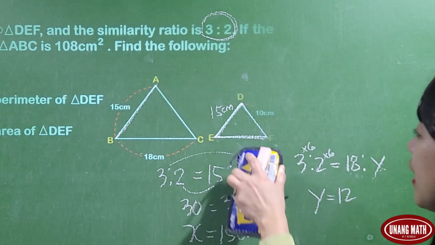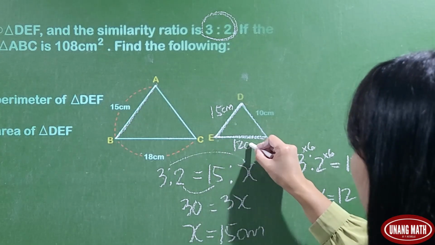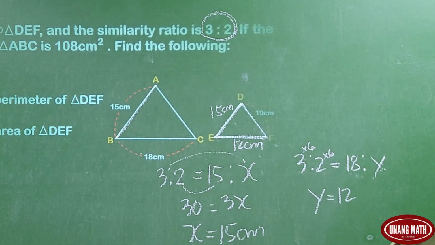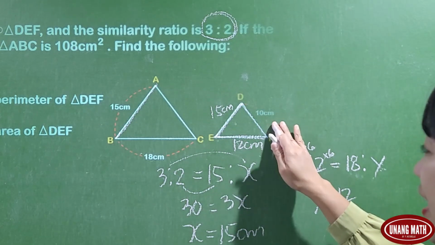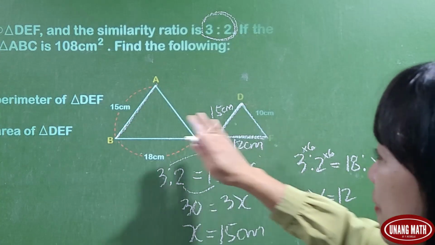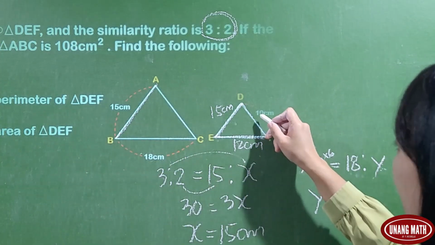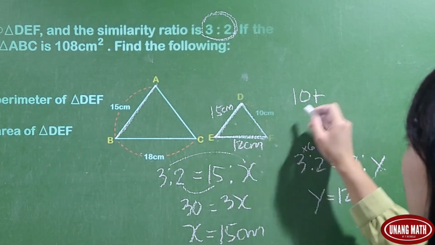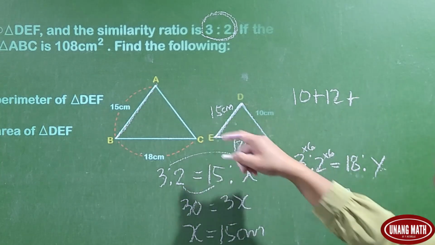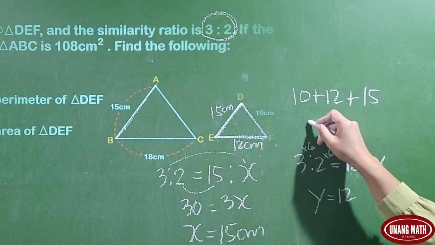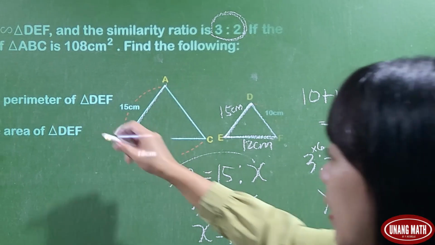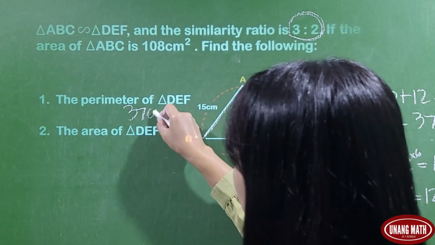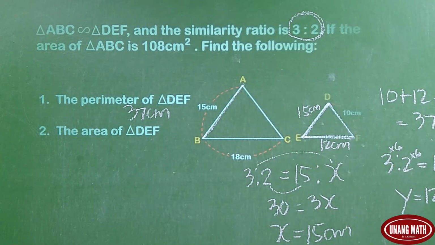So it means this is 12 centimeters. Okay, now that we know all the lengths of this triangle's sides, we can now find the perimeter. So 10 plus 12, and we have here plus 15, then this is now equal to 37 centimeters. So the perimeter is 37 centimeters.